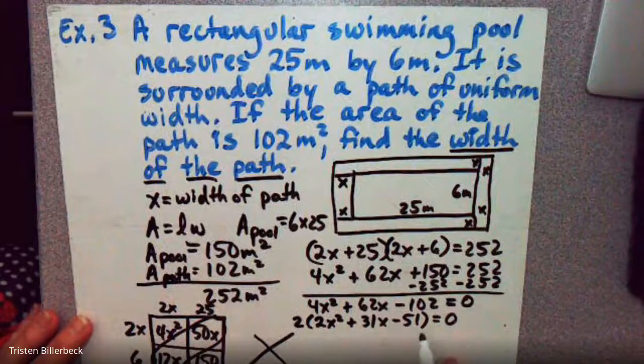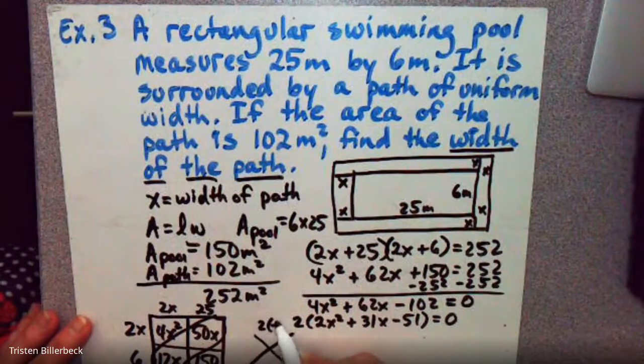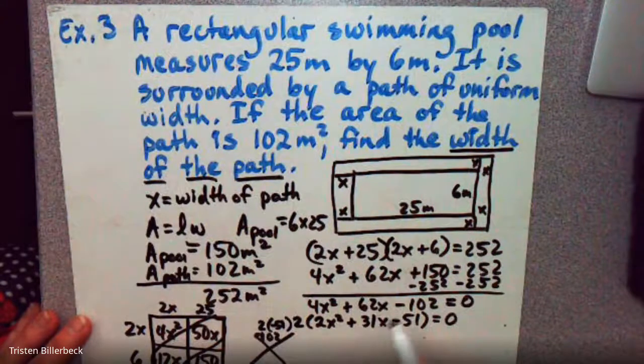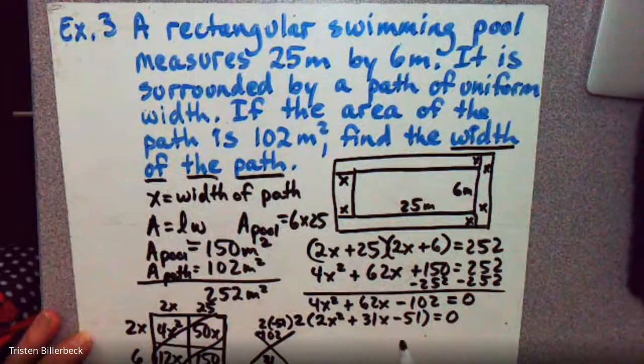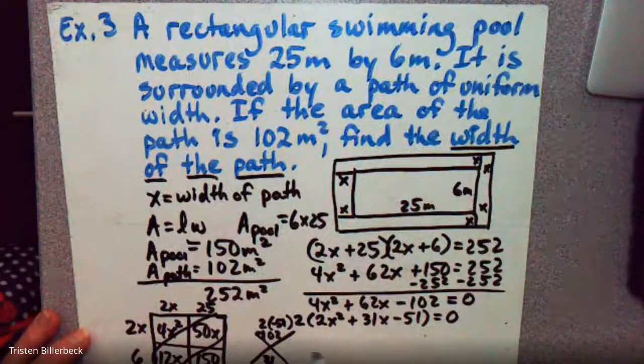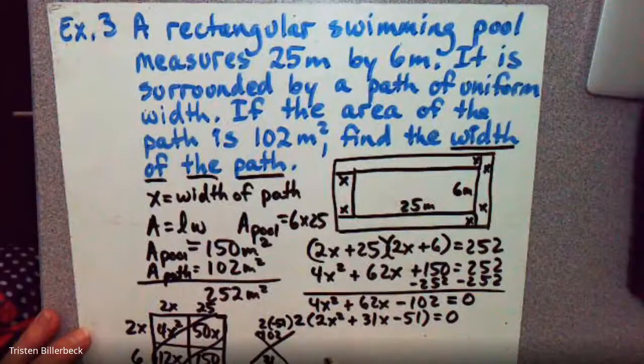We have 2 times negative 51 is negative 102. And then this gives us 31. All right, so after a few iterations of what would work, 2 wouldn't work.